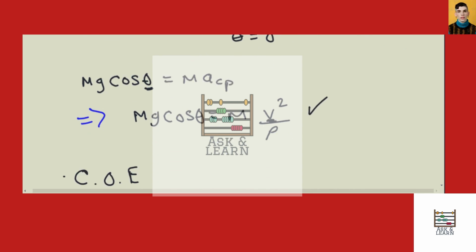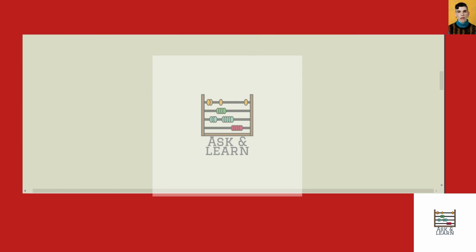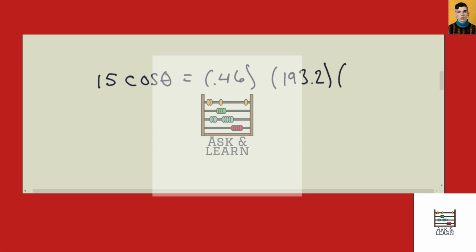This one, here's our v squared. So when we plug it in and plug in the other stuff we know, on the left side, we have the mass times gravity, which is just the weight, and that's 15 pounds, times cosine theta is equal to, well, the mass, 0.46, times the velocity squared, which we now know is 193.2 times 1 minus cosine theta.